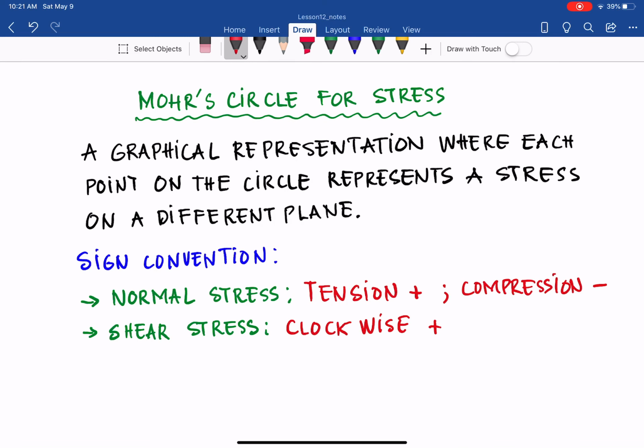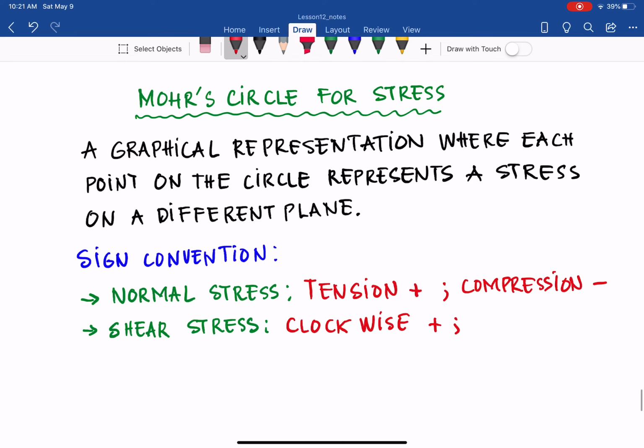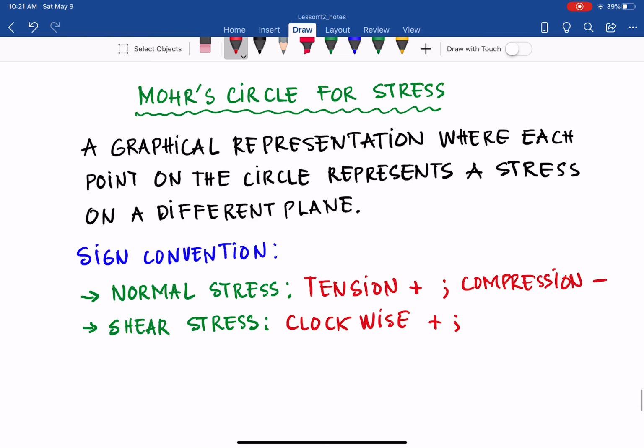Normally we say counterclockwise is positive, but for the shear stress only, in this case, we will have something later on when we determine theta with the equation that you see here. But for the shear stress, when you see the stress block and use the Mohr circle, if it tends to rotate the block clockwise, then it's positive. And if clockwise is positive, then counterclockwise will be negative.